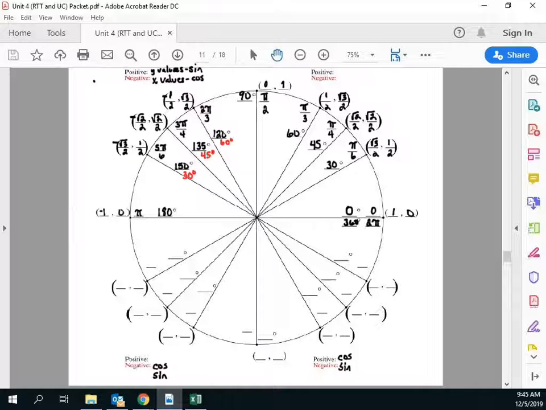All right. Keep going around. The next one is 210, which is 7 pi over 6. Reference angle of 210 is what, guys?